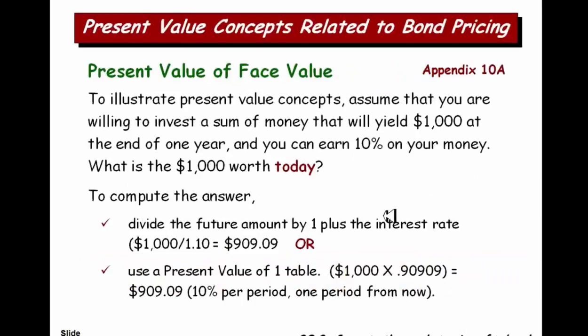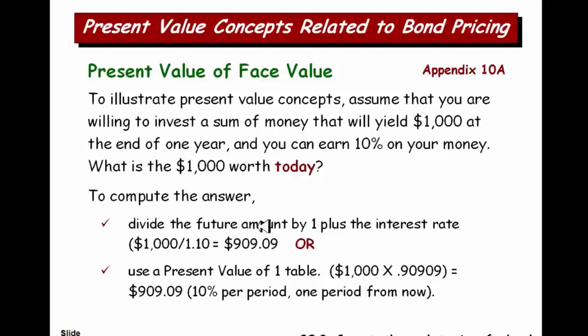So what is present value? Present value is how much you would invest today to receive a certain amount in the future. If we were earning a 10% rate of interest and were going to receive that in one period, say 1 year, how much would we invest today?